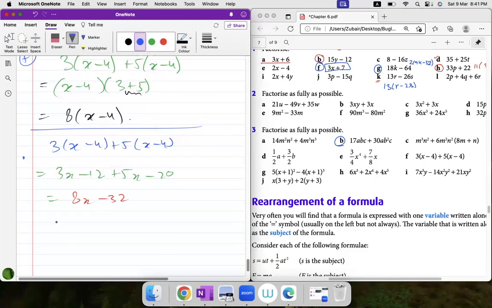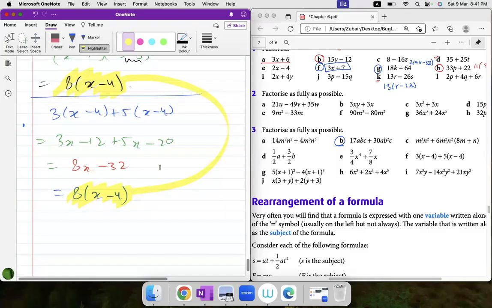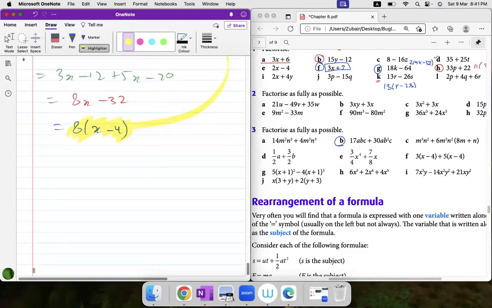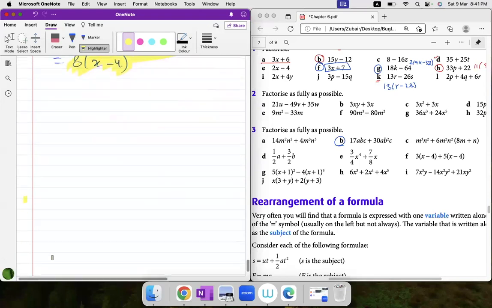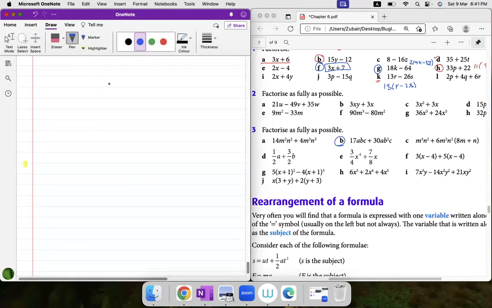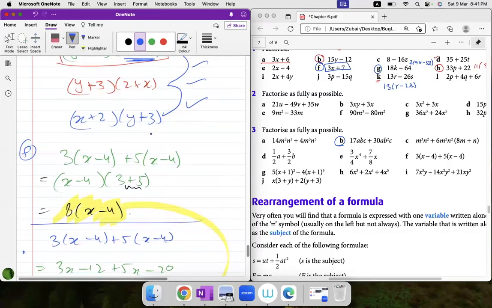Now we can take out 8 as common and are left with x minus 4. Same answer. So that's just a different approach, depends on individual practice. The top one would be better for the exam because it goes quicker.